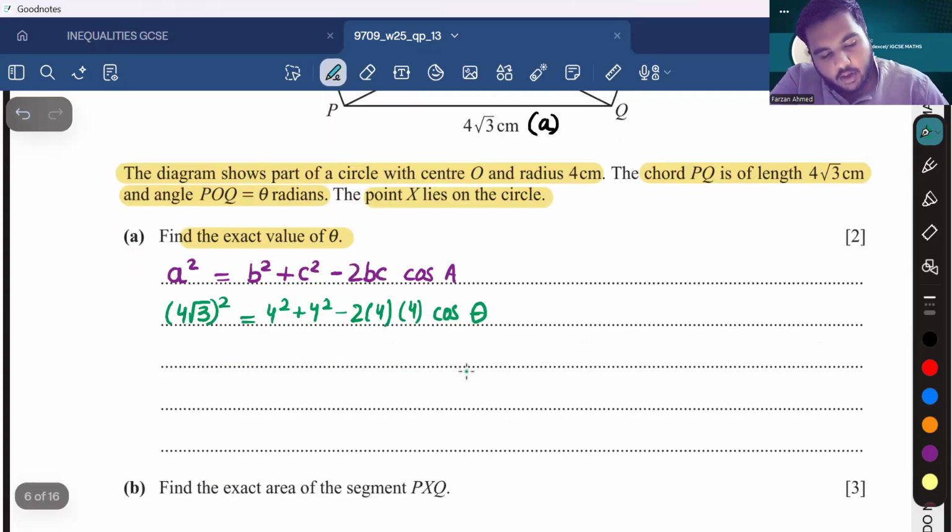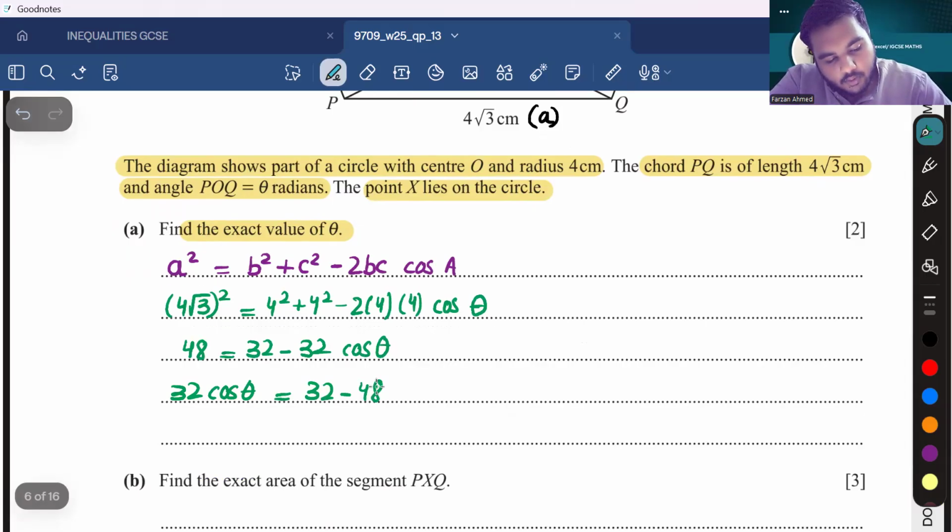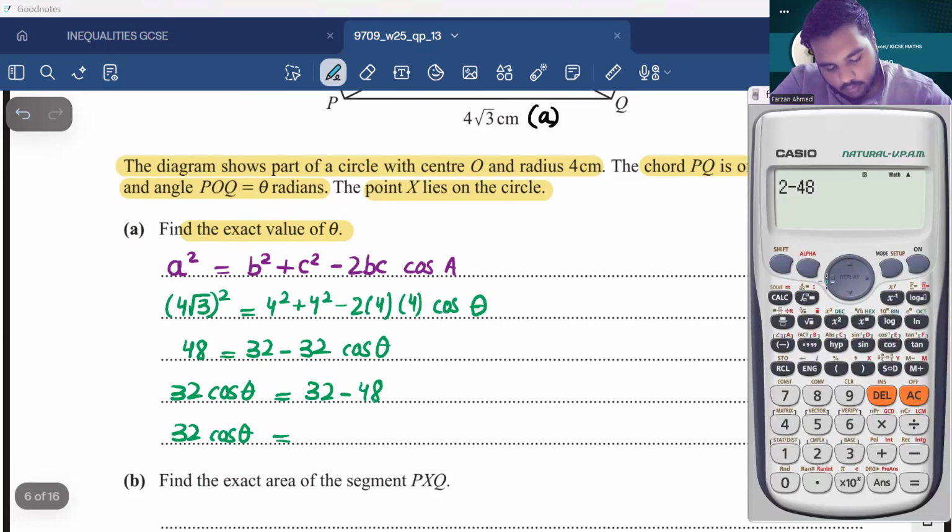So 4 root 3 whole square is equal to 48, and this will be 32 minus 32 cos theta. So 32 cos theta is equal to 32 minus 48, which is equal to minus 16.